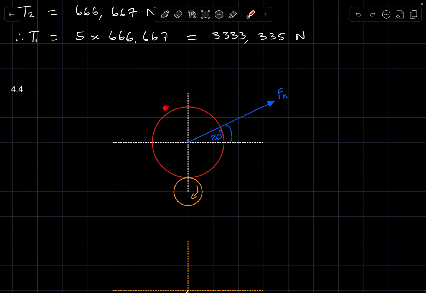Now, if you rotate this by 30 degrees, you are also rotating the normal force by 30 degrees.